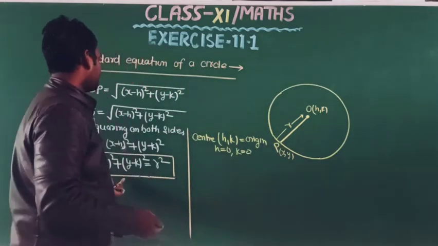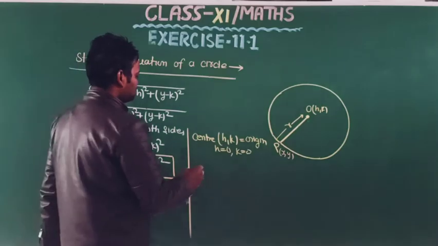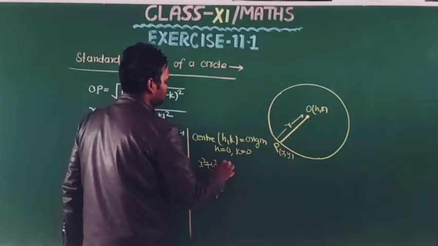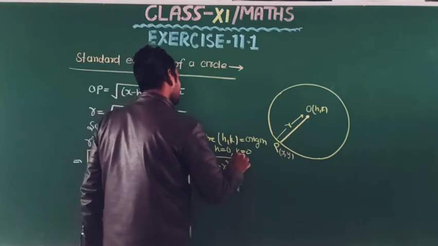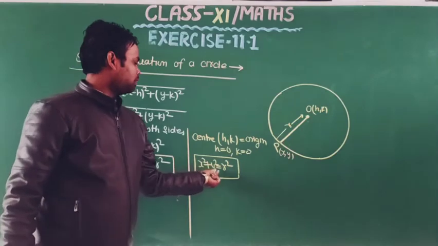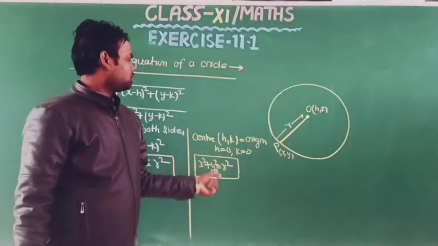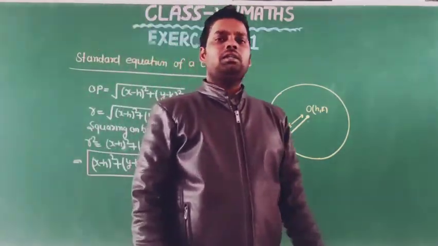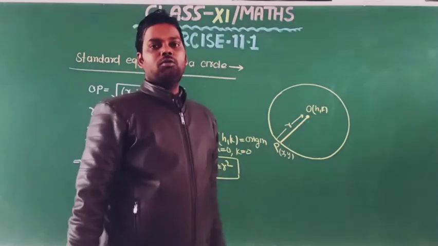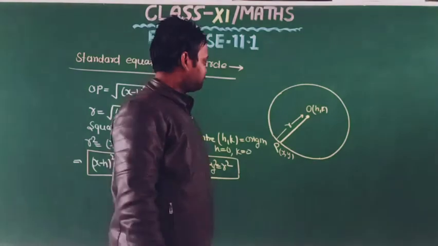Then the standard equation of the circle becomes x square plus y square equal to r square, when the center of the circle lies at the origin and the radius is r.